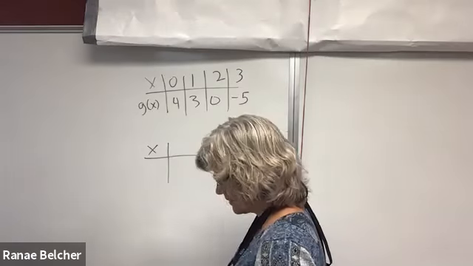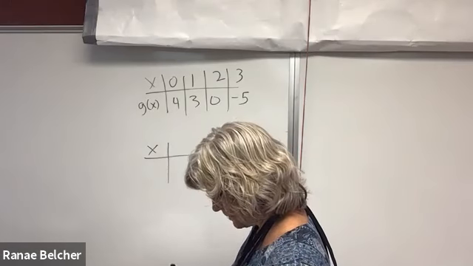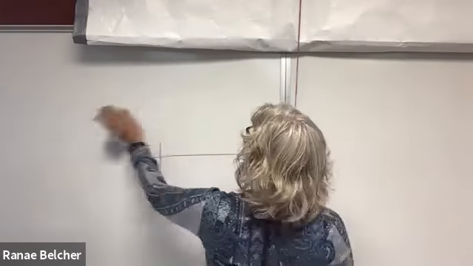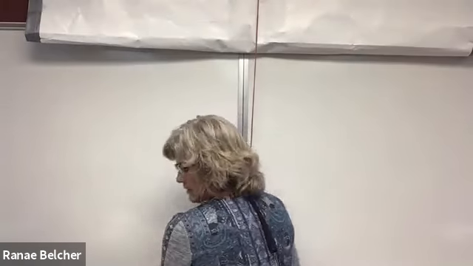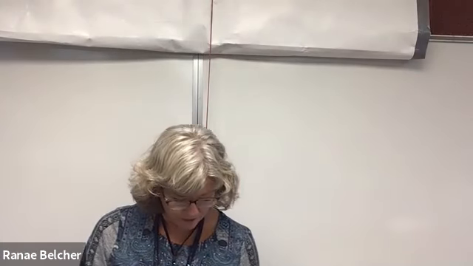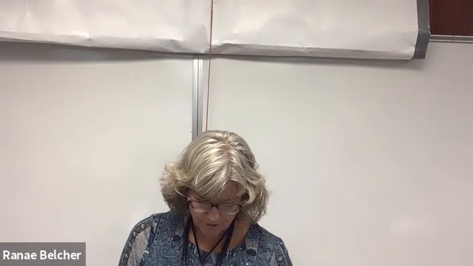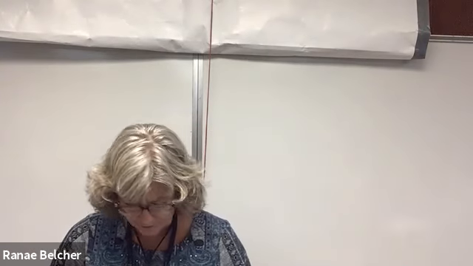Sometimes they'll give you charts of f of x and g of x, and just from the data table, you have to find f of g of x. But they're not doing that there. They're kind of showing you with the equations what they get.